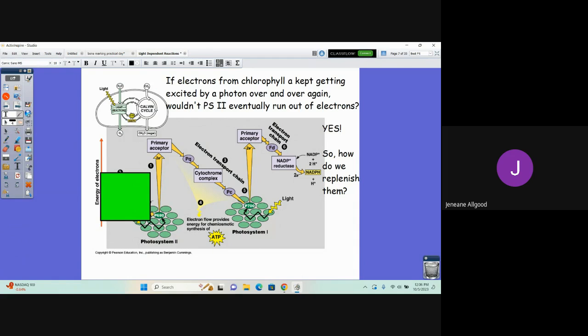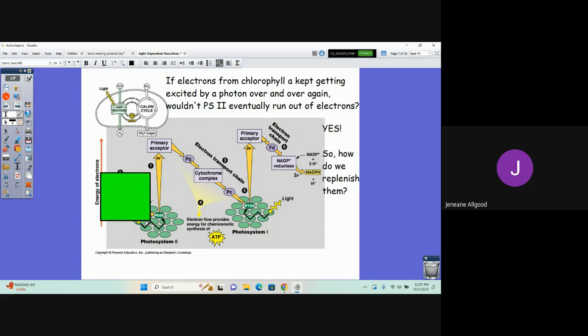So you think photon comes in, electrons get excited, and they end up in that molecule over there. Next photon comes in, electrons get excited, they end up in another one of that molecule. And so you can imagine that if we kept doing this, eventually chlorophyll A is going to run out of electrons. So we've got to have a way to replenish these electrons that get excited.